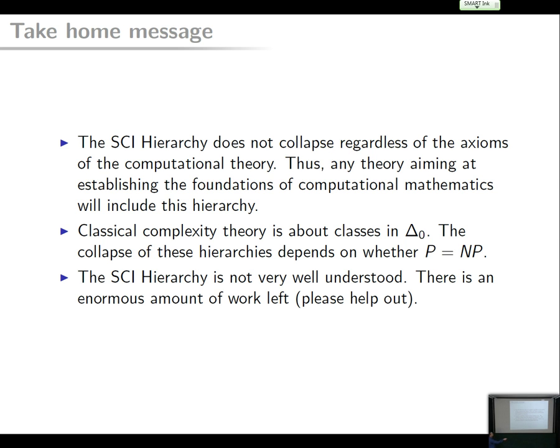So I haven't put here, there should be an alpha. So P and that decision.